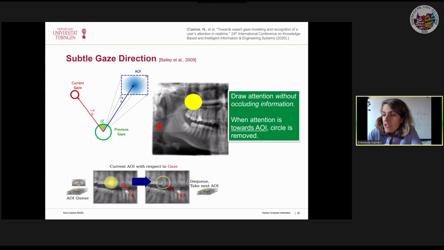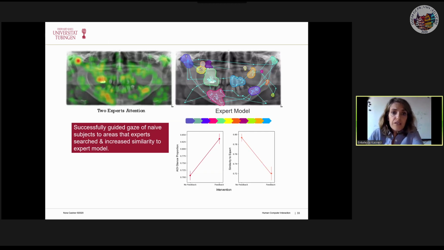So it would be just with the aim of guiding the user's gaze towards that part. And then, when the attention is drawn towards the AOI, this kind of circle is removed. I can also give you some preliminary results of this work that we started with the students.